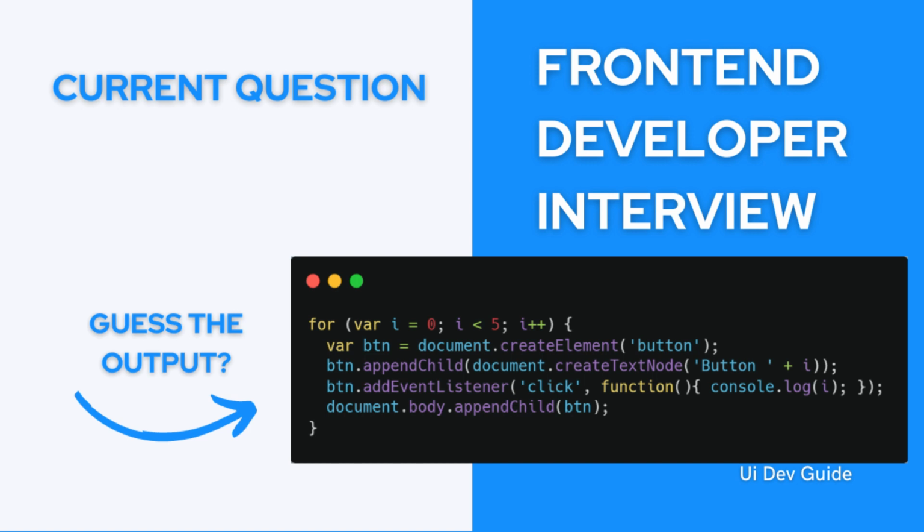With let, as soon as we create it inside the loop, let has block scope, so let will have each value over there. Each value, okay.